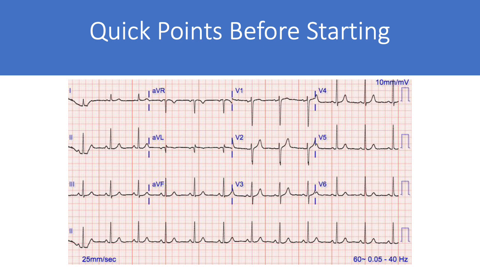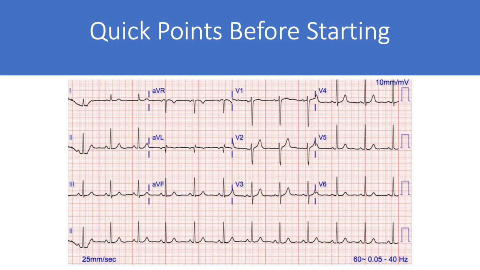I'd also like to clear up a misconception that I frequently encounter with students when we first start reading ECGs together, which is which beats correspond to which beats over the course of the ECG tracing as we move from lead to lead.